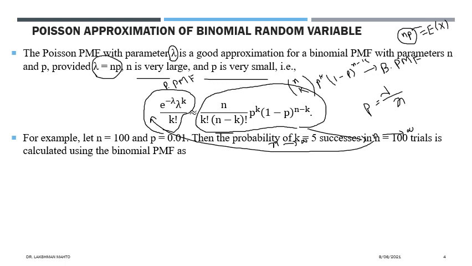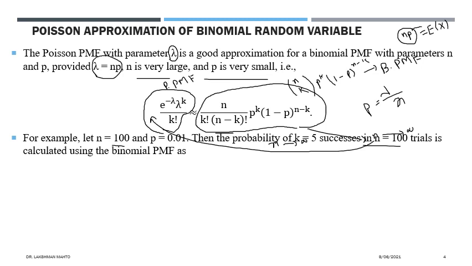Suppose we have n equal to 100 trials, and the probability of success is very small, that means 0.01. Suppose we have to find the probability of 5 successes in n equal to 100 trials.